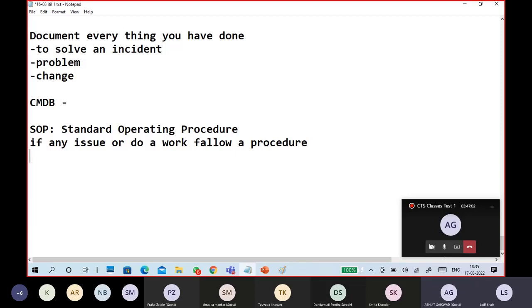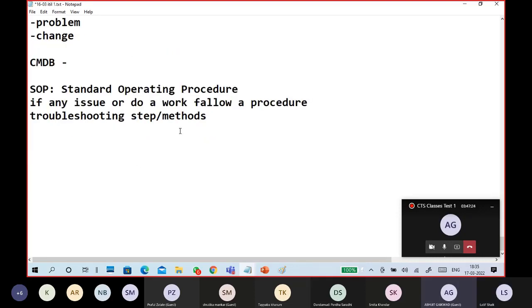We can also call it troubleshooting steps or methods. It means a step-by-step procedure.